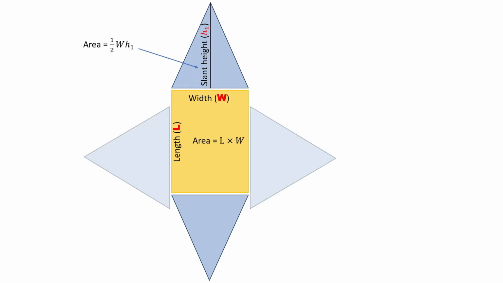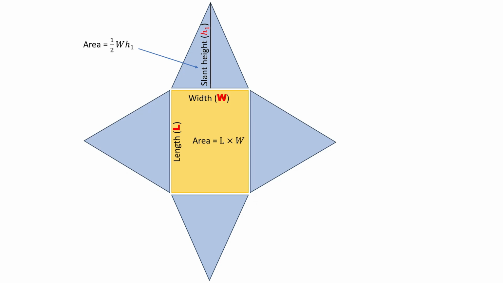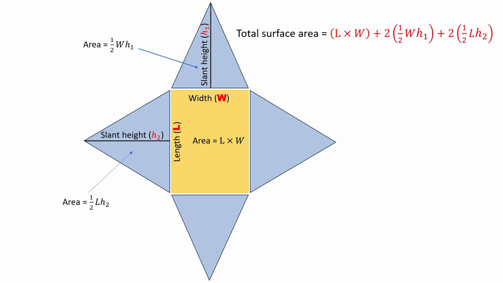We also have 2 similar bigger triangles with length on the base and with slant height h2 as the height. Hence the area of the bigger triangle is half L h2. So now we can see that the total surface area is equal to L times W plus 2 times half W h1 plus 2 times half L h2, which can be simplified to L times W plus W h1 plus L h2.